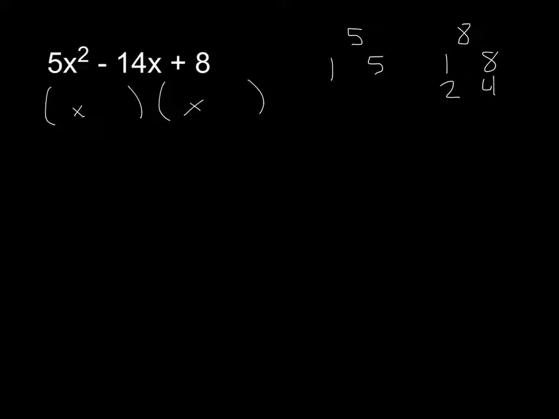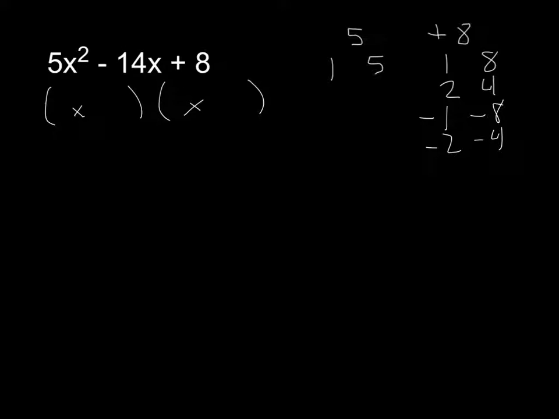Now, since this is a positive 8, but the middle here happens to be a negative, chances are we're dealing with some negative numbers in here. So I could have -1 and -8, -2 and -4.